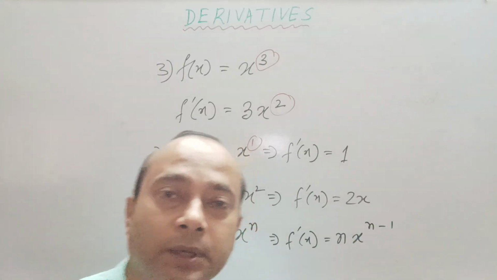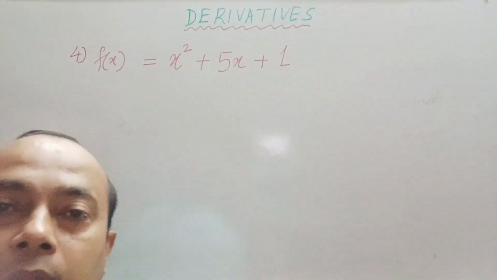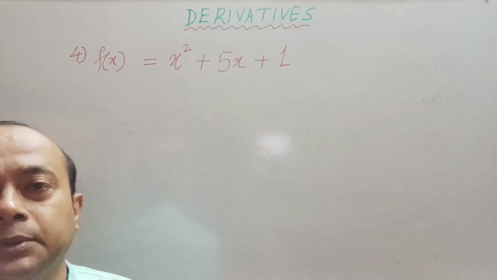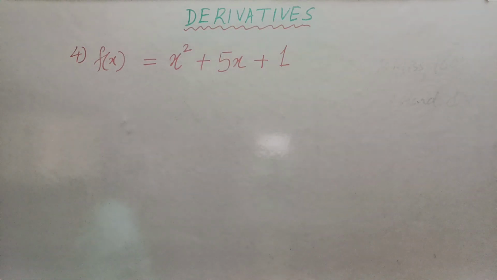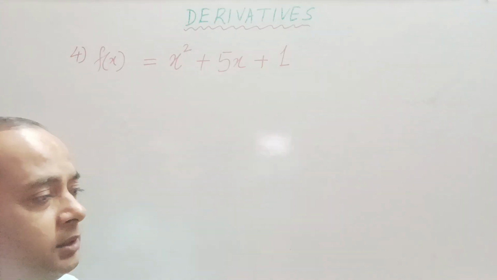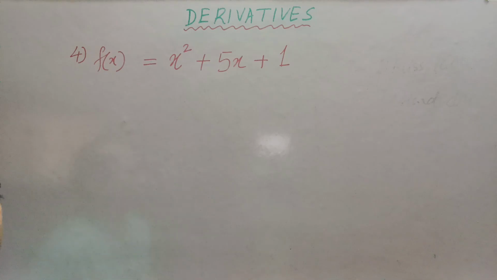So here is example number 4. As I told in the previous video, we are now going to deal with binomials, trinomials and so on, because in the first 3 questions we dealt with only the monomial, the polynomial with only one term.